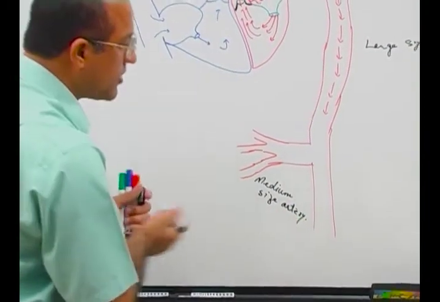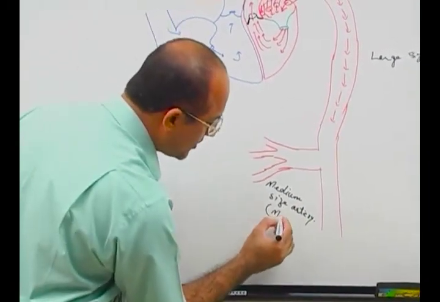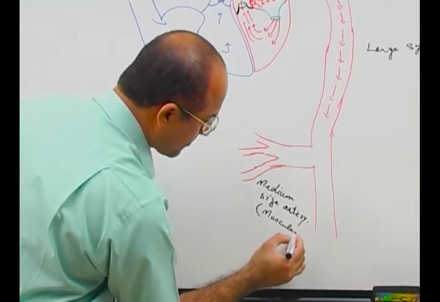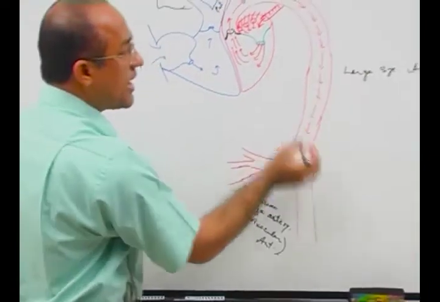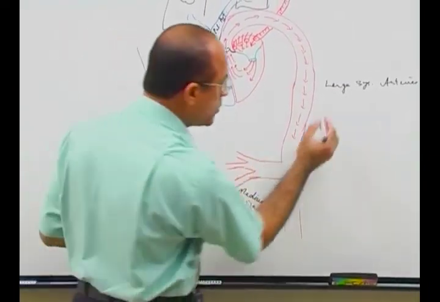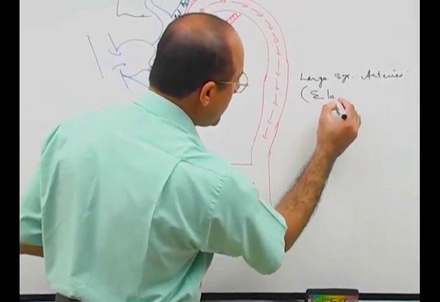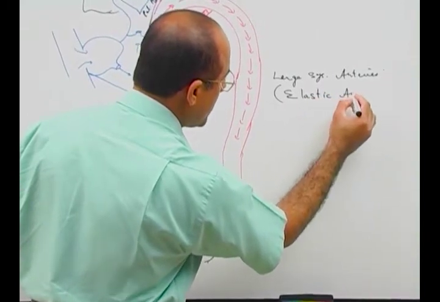and a medium sized artery is also called a muscular artery because it has a lot of smooth muscle, and large arteries have a lot of elastic tissue, so they are also called elastic arteries.